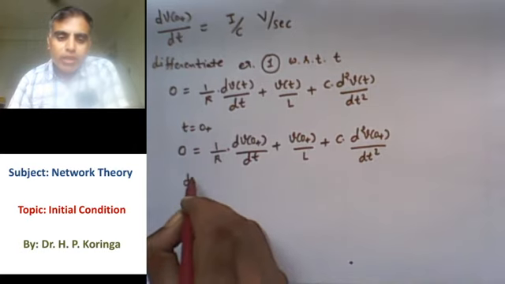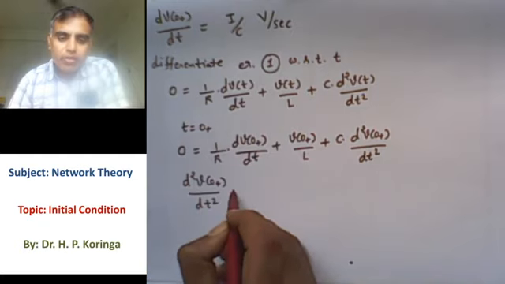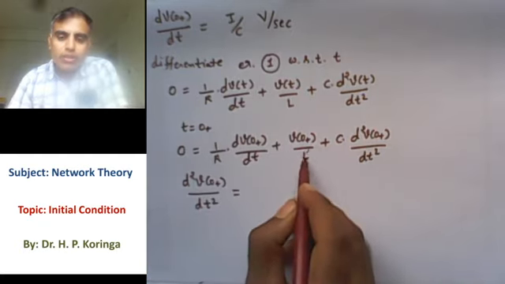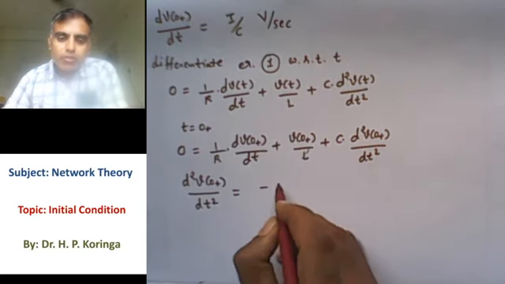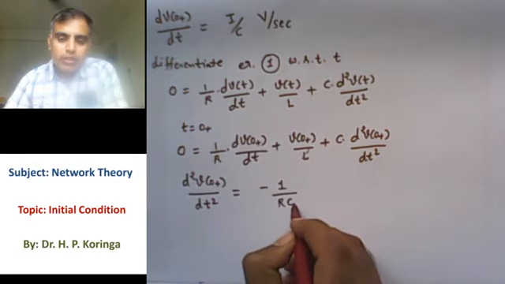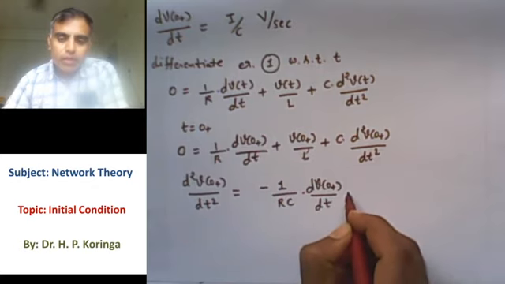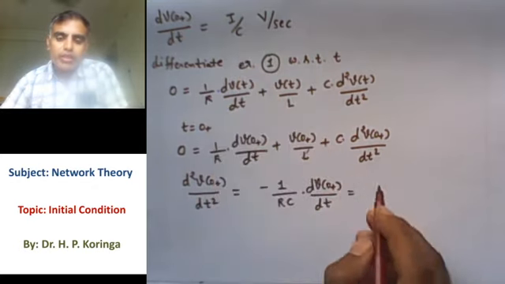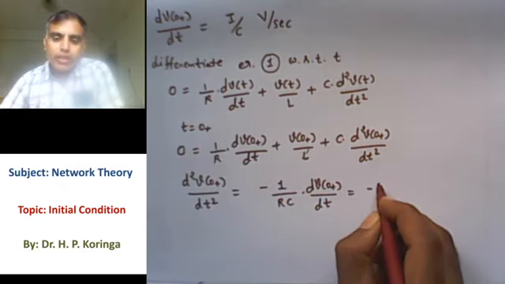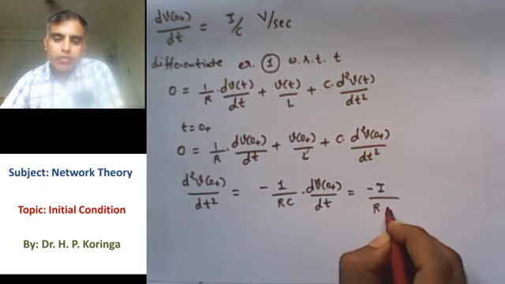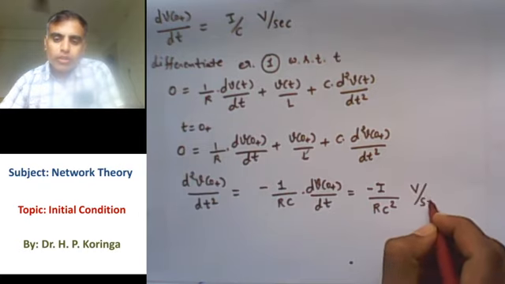Our interest is to find d square V0 plus divided by dt square. V0 plus is 0, so this term is 0, and it is equal to minus 1 upon RC into dV0 plus divided by dt. The value of dV0 plus divided by dt is I divided by C, so it is minus I divided by R into C square.